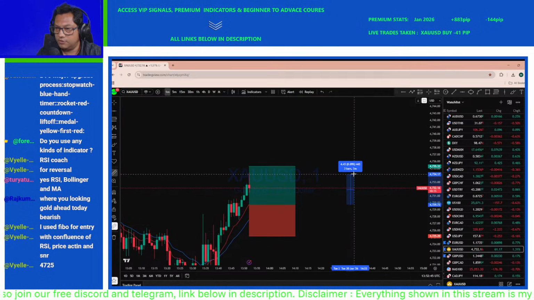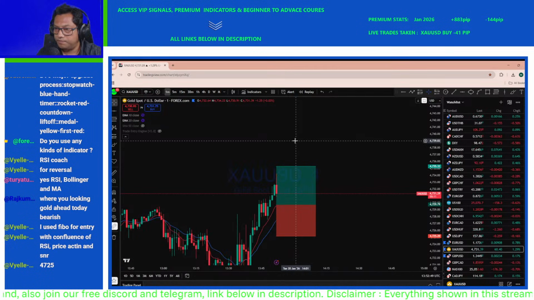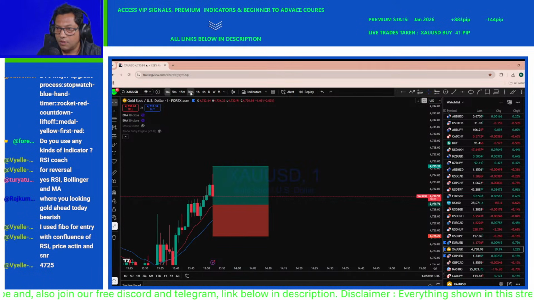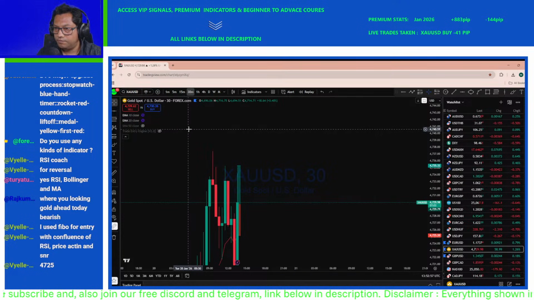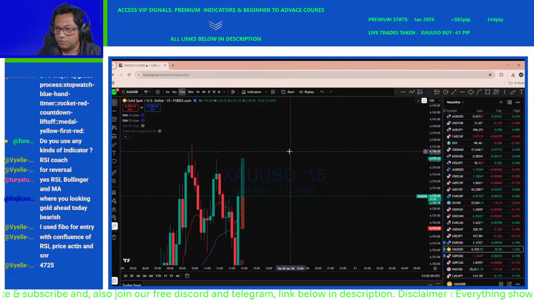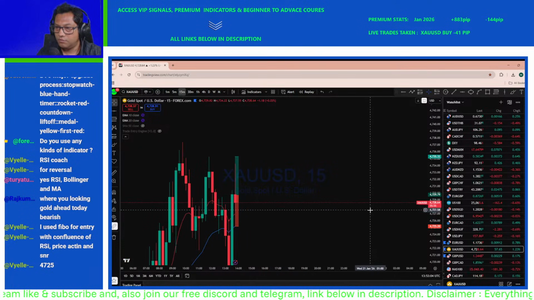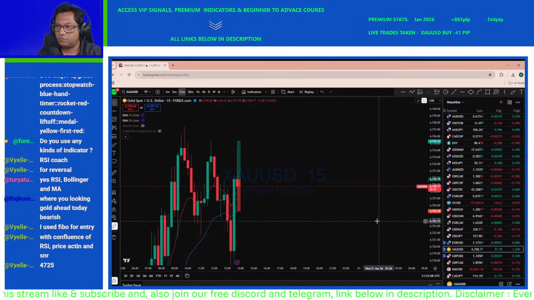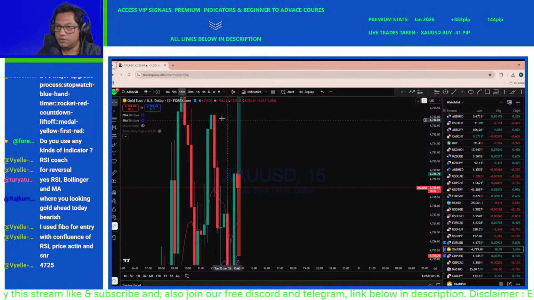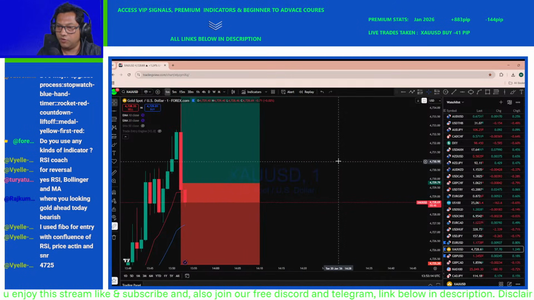if you look at here, here, and this is at support, again false breakout.